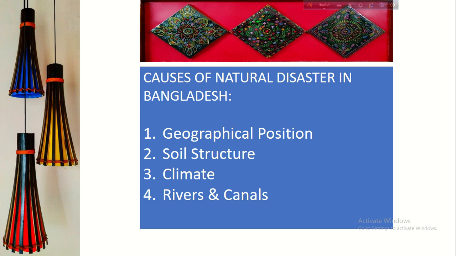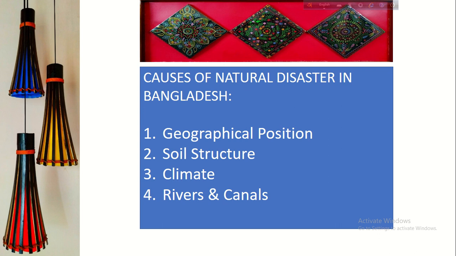Geographical position is one of the major causes. Bangladesh is a riverine country, and to the south there is the Bay of Bengal and to the north there is the Himalaya. So there is no blockade in the south, like hill, mountain, hillock or any other natural obstacle, which can naturally prevent cyclone or tidal bore.